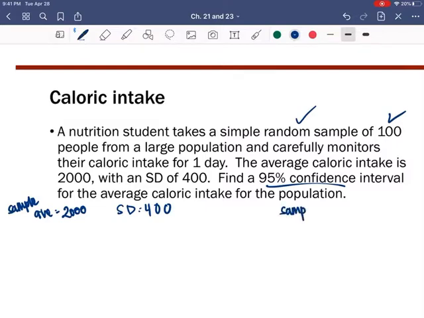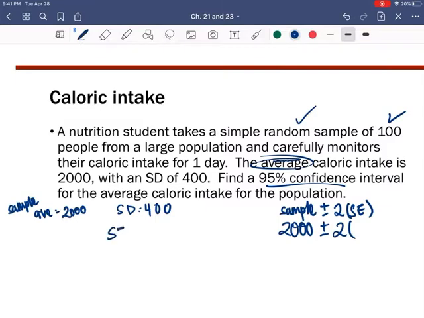So quick reminder, 95% confidence interval always means the sample plus or minus 2 times the standard error. And in this case, we're working with averages because it says average. So it's the sample average plus or minus 2 times the standard error average. Okay, we already know the sample is 2,000.